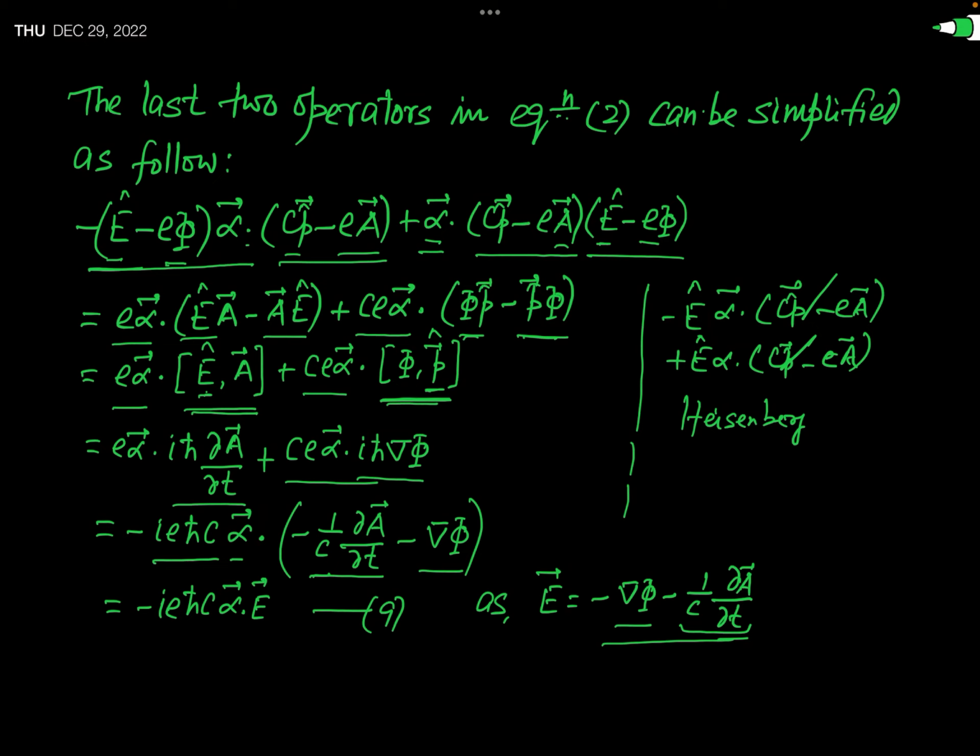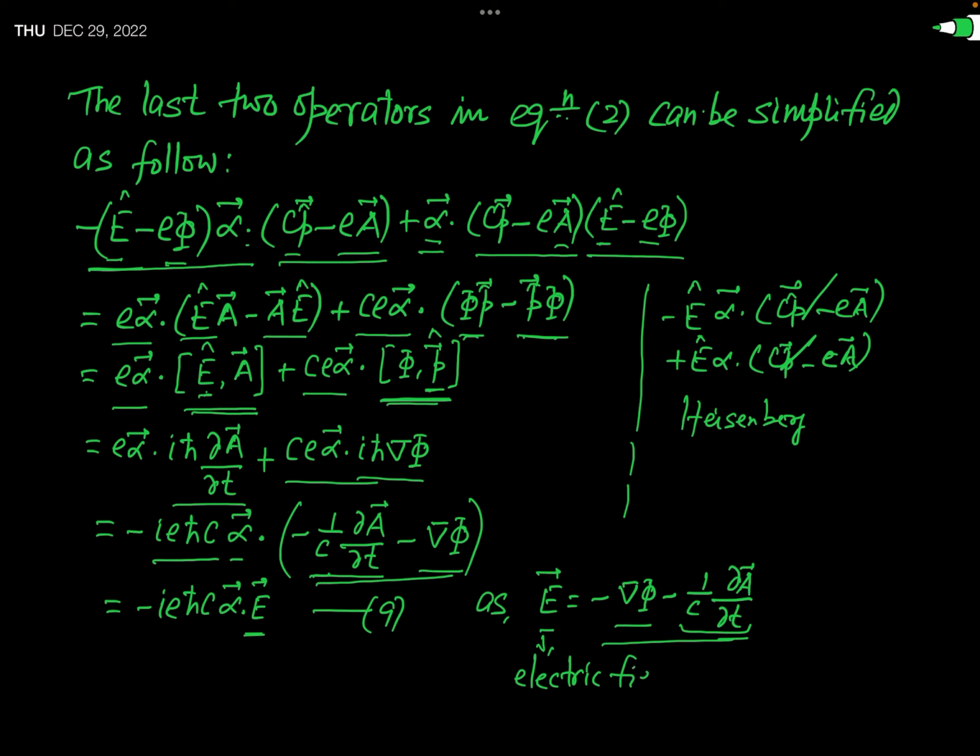But if the field has been produced due to the variation of magnetic field, which is called an electromagnetic field, then the E vector is defined like this: minus del phi minus 1 over c del A by del t. So instead of this, we will write simply the electric field vector E.